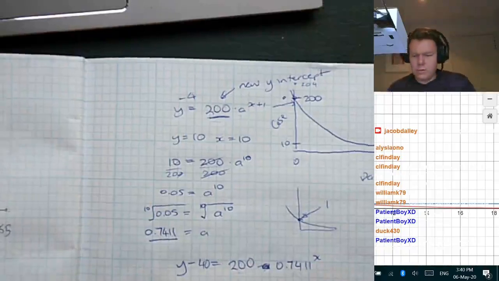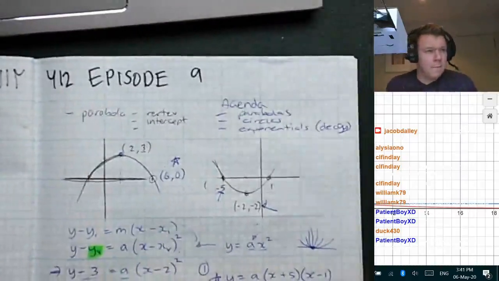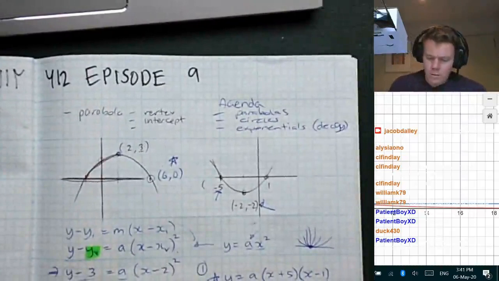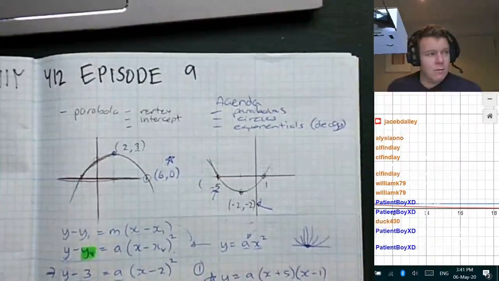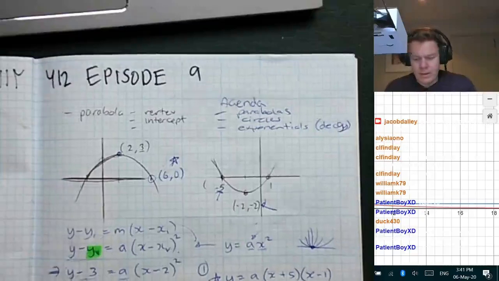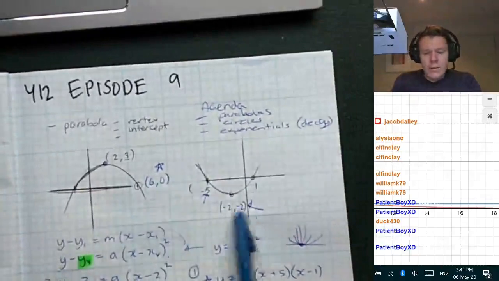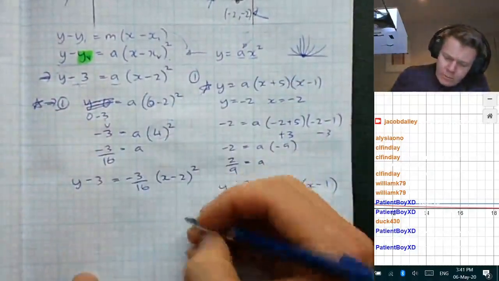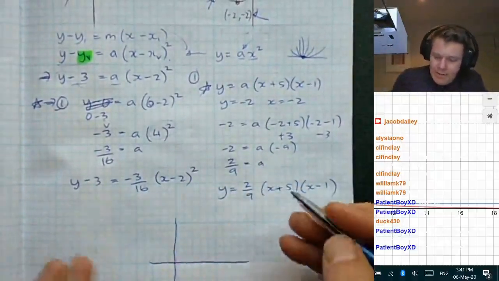How do we know which equation to use for the parabolas? Well, a lot of the situations, you could have used either for both of these, but the one that would trip you up, Jack, would be if you didn't have any intercepts.